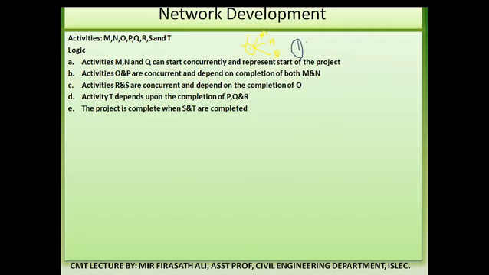From event 1, M, N, Q can come out. These activities M, N and Q can start concurrently and represent the start of the project.